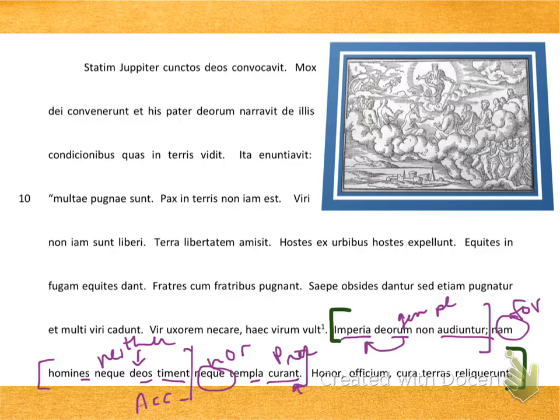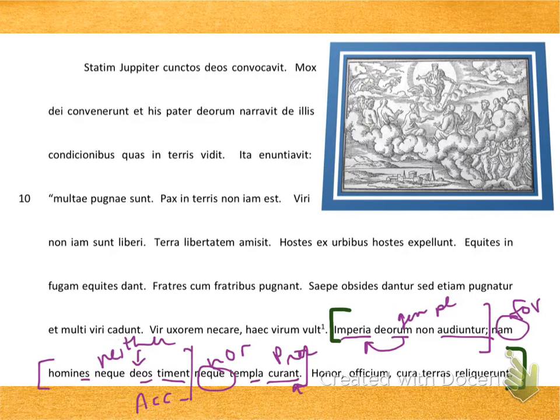So the homines neither timent the deos nor curant the templa. That's how we're going to put that together. So that kind of tells us that homines really is the word that we're going to use as the subject.